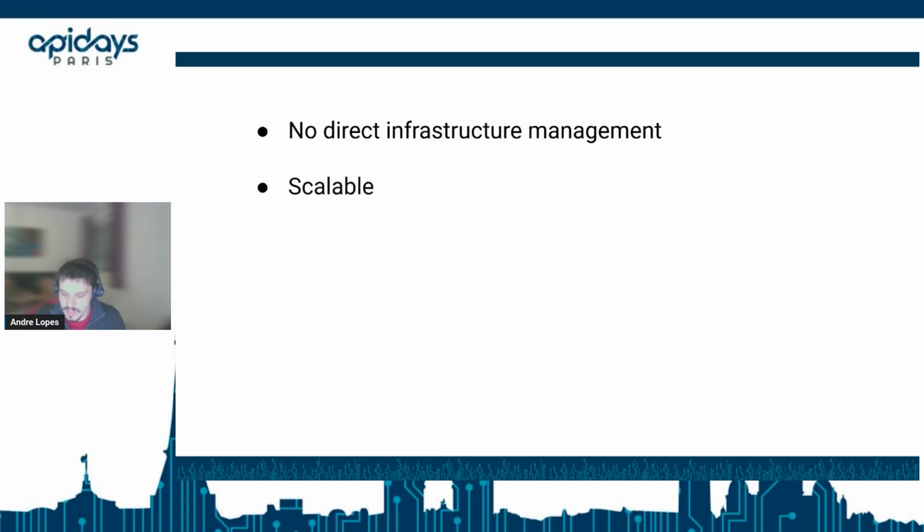So, serverless is also considered to be scalable because you're not provisioning anything. So your cloud provider will be in charge of provisioning this on demand for you. So as long as you keep requiring infrastructure, your cloud provider, AWS, will be provisioning that for you.